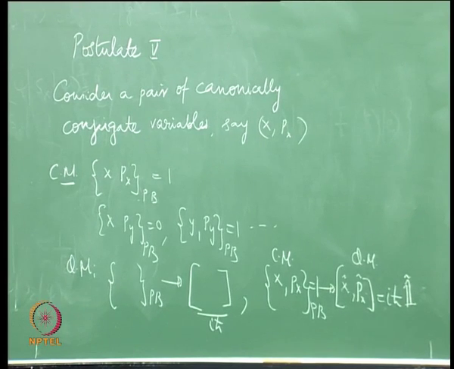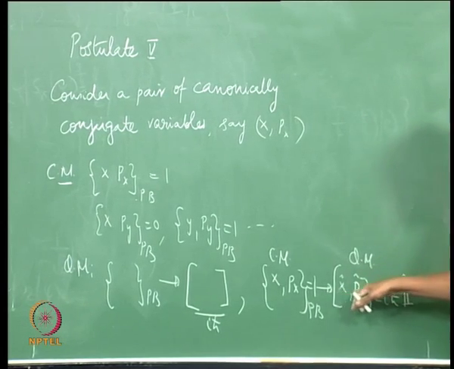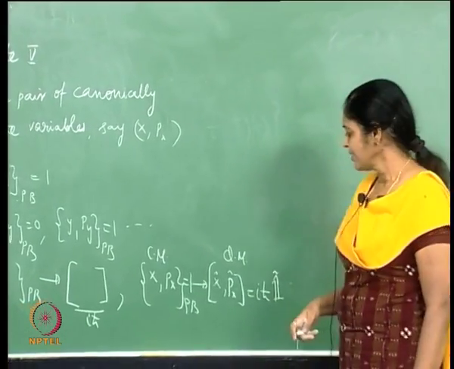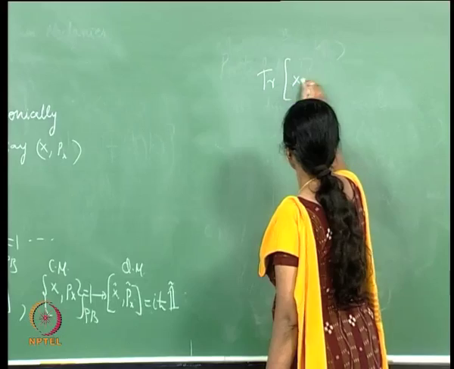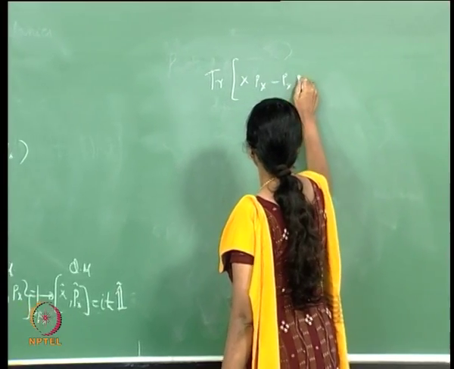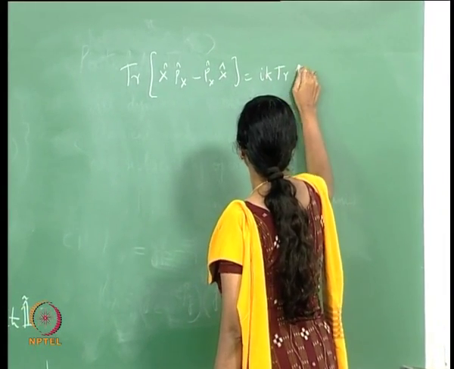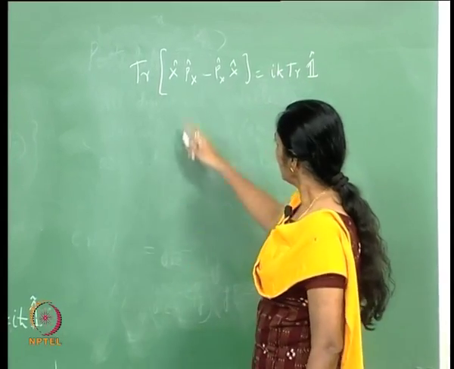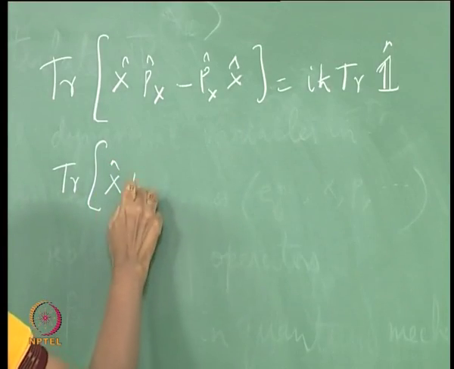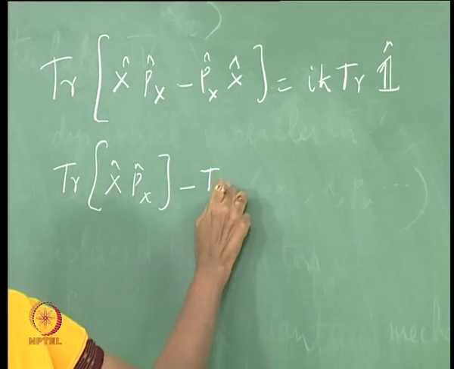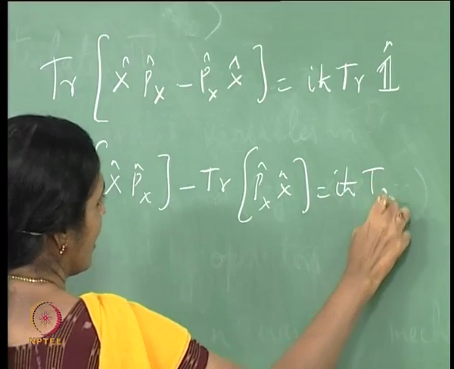Now some very interesting things can be seen right away. If these matrices were finite dimensional matrices, suppose I took the trace on both sides. If these are finite dimensional matrices, we know that this is the same as saying trace of x px minus trace of px x is equal to i h cross trace of the identity.